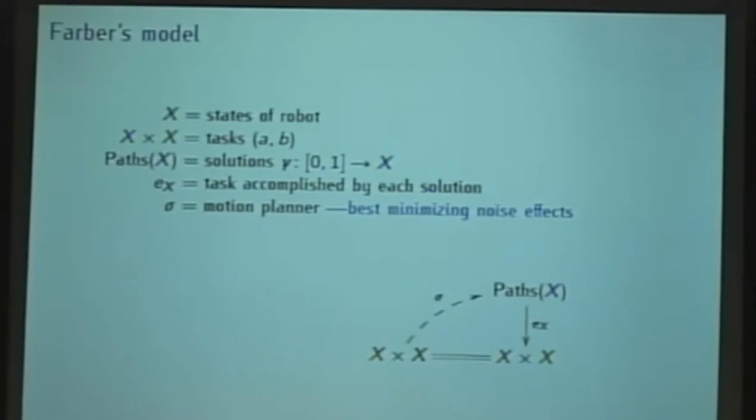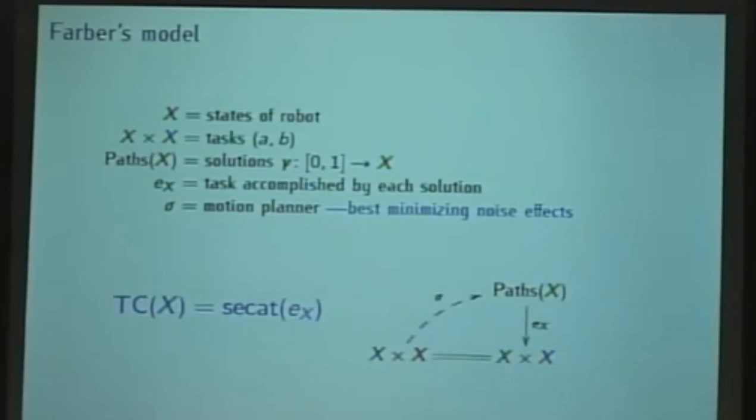Then a solution for such a task would just be a continuous path starting at A and ending at B, and a motion planner would be a function assigning to each task a solution for it. In other words, it is just a section of the evaluation map, e_X, that sends a path to its endpoints.